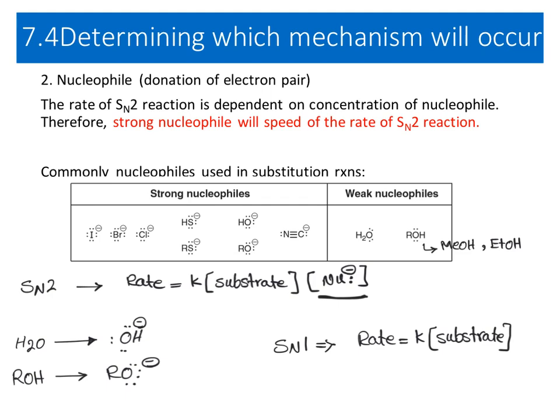And the majority of the time we are using weak nucleophile with SN1 reaction because they are cheaper and more accessible, so there is no point of using a strong nucleophile when it cannot help with the speed of the reaction. So most of the time for SN1 we are using weak nucleophile, and for SN2 reaction we are using strong nucleophile.